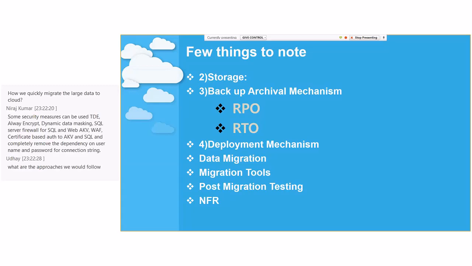Then coming back to the data migration. So how can the data get migrated from on-premise to the cloud? Normally when I use it in our development, SQL Server itself gives an option for script generation.